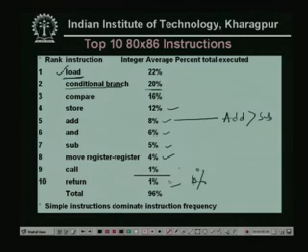Now, on these observations or this research, we will see that actually the load is 22%. That means the maximum percentage of execution is of load instructions. See, store is 12%.